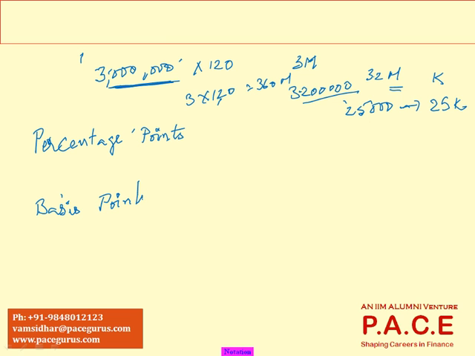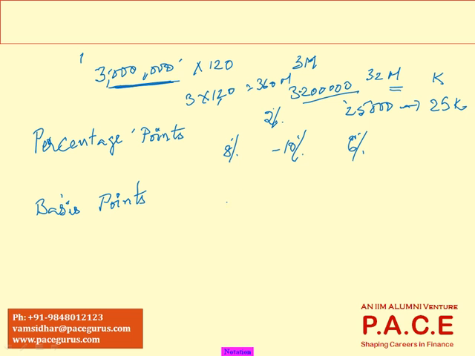Percentage points: let's say some value is 8%, and there is an increase by 2 percentage points. It means it has become 10%. A decrease by 2 percentage points means it is 6%.